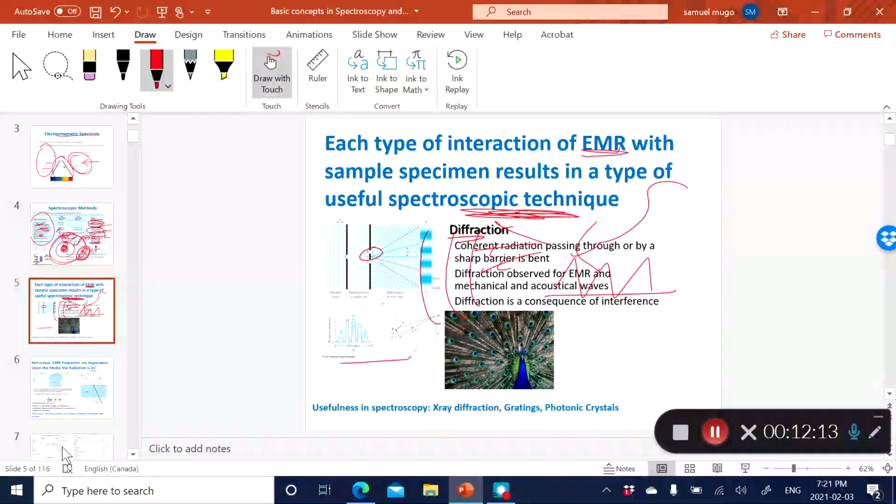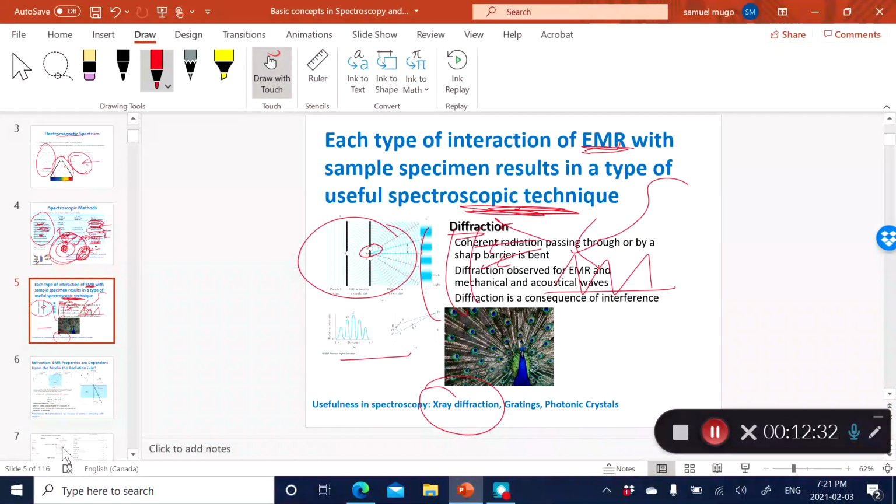And that is what you refer to as diffraction. Now, diffraction, as a form of interaction between a chemical specimen or a material and electromagnetic radiation, is very, very important in spectroscopy because it is the basis of what you refer to as X-ray diffraction.